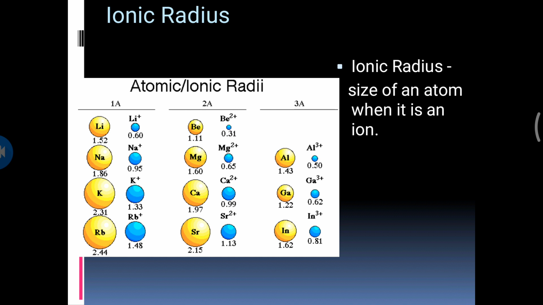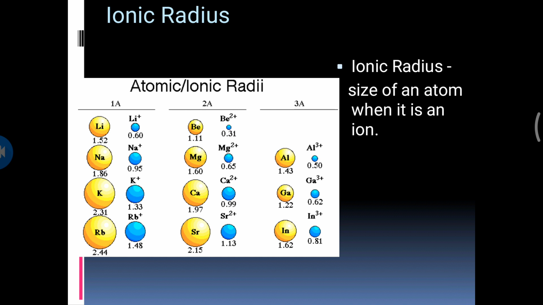So from top to bottom in the first group, from lithium to rubidium, the ionic size increases. When an ion forms, the atom loses its outermost electron to form a positive ion, or gains an electron to form a negative ion. So a lithium atom loses one electron to form Li+, and its radius decreases.